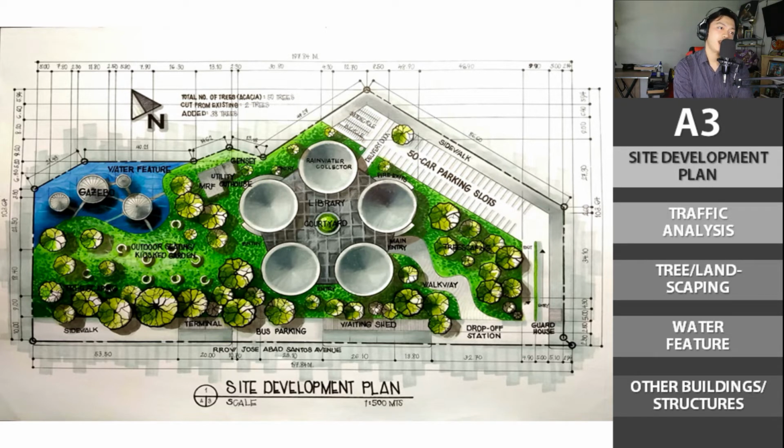We also provided some motorcycle and bicycle parkings. Adjacent to that is a delivery dock directly going to the storage space at the back. And then we have some shaded park or garden for outdoor reading and sitting. I also provided, along with the water feature, island gazebos.